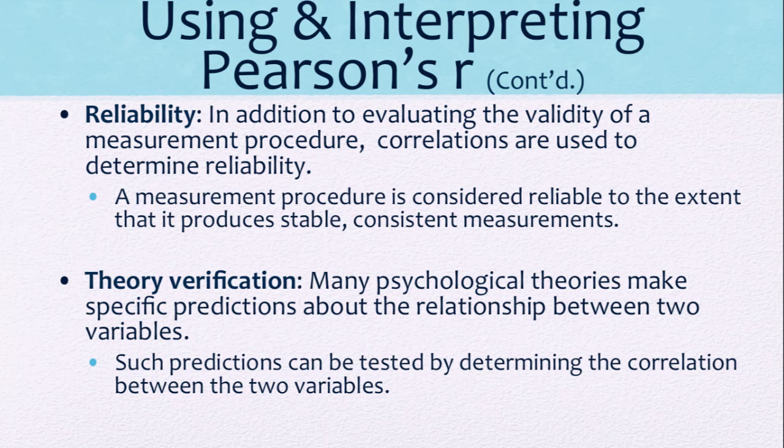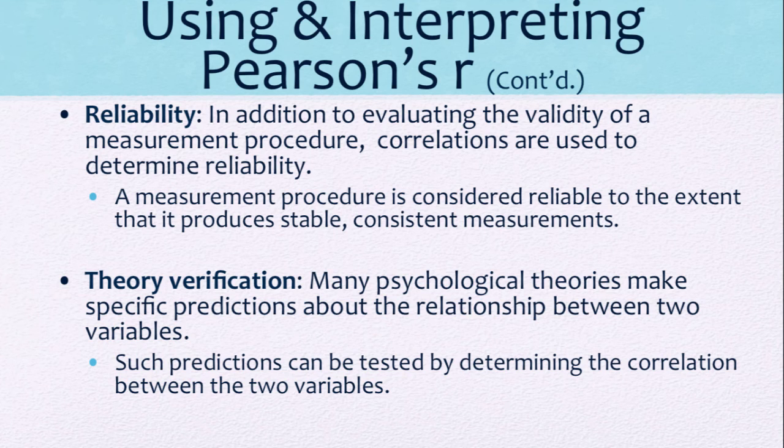I may take a group of individuals and measure them using the type A scale at time 1, and then maybe a month later I'll measure them again using the same type A scale at time 2. If the type A scale is indeed reliable, one would expect that the relationship between the first and second administration of the same scale would be extremely high and positive.